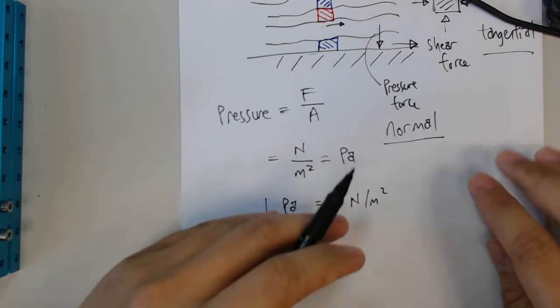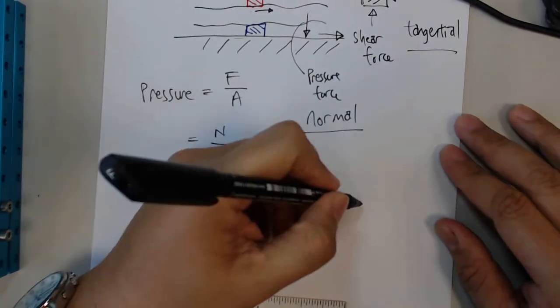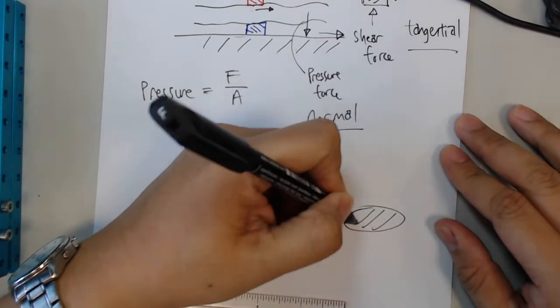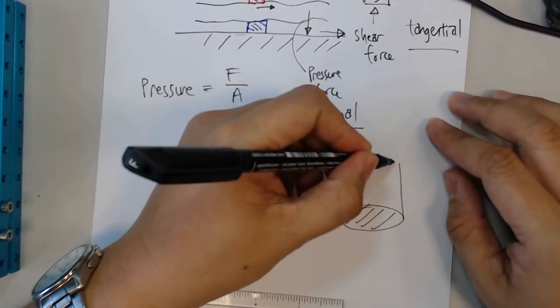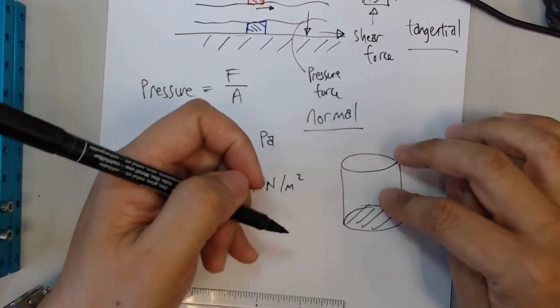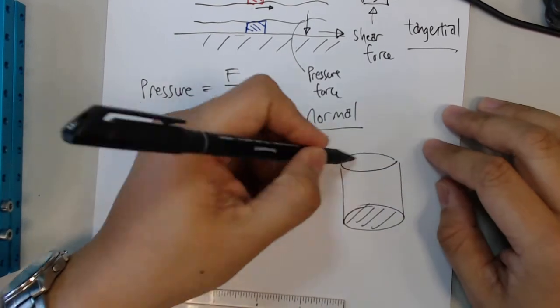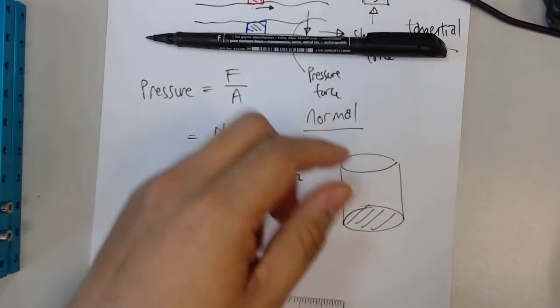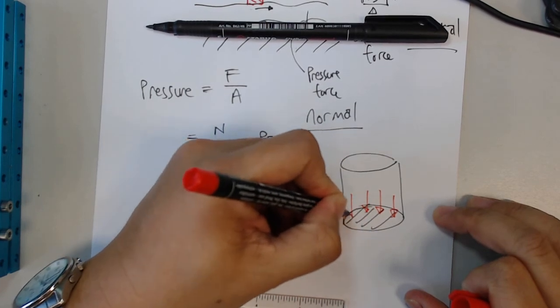And this area, let's see how we can describe. If your solid surface is a single circular disc, and there is a body of fluid on top, the pressure force acting by this body of fluid on this area, I can color it, will be something like this.